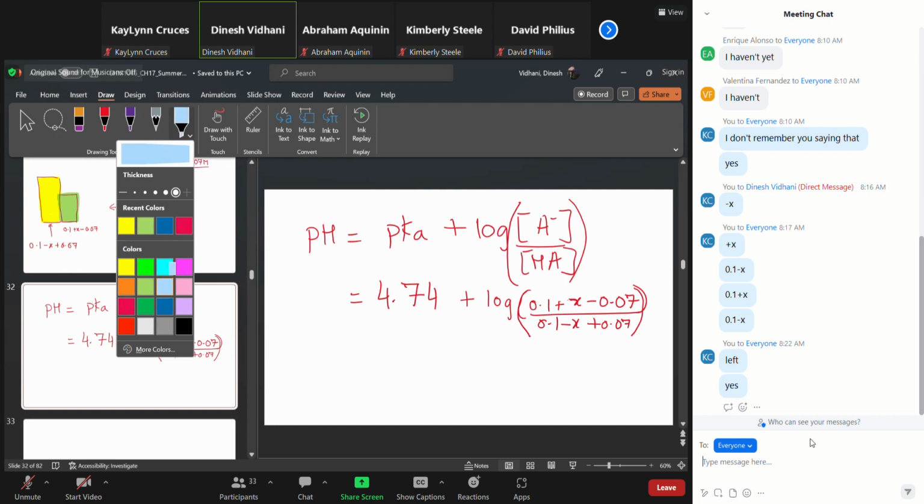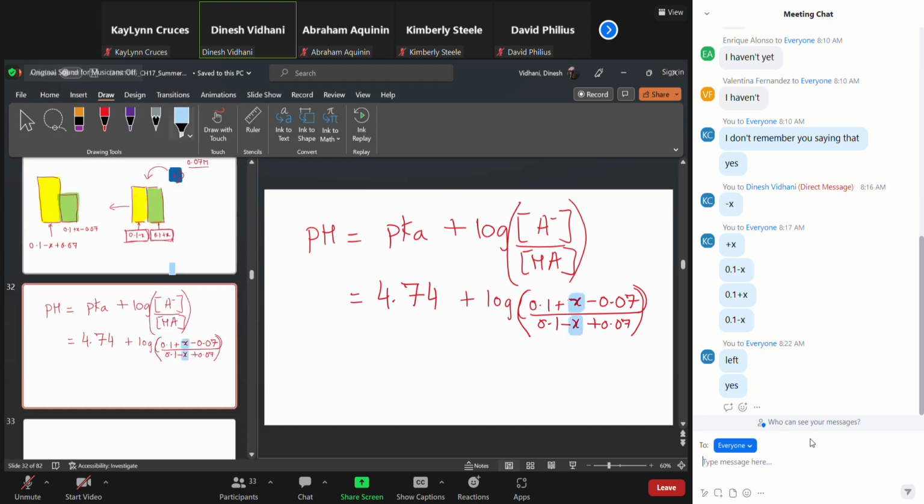I'm going to ignore X in both situations, right? Why can I do that? Because X is too small, because you are dealing with a weak acid. The weaker the acid, the smaller the X is. Now, if I do that, I get 4.74 plus log of (0.1 minus 0.07) divided by (0.1 plus 0.07). Can you do the math for me?